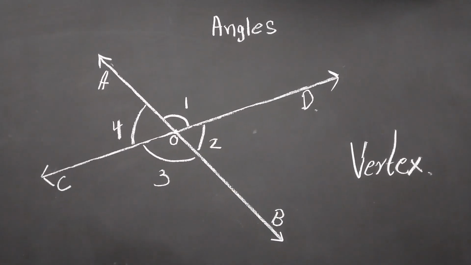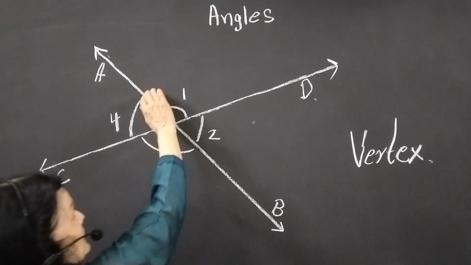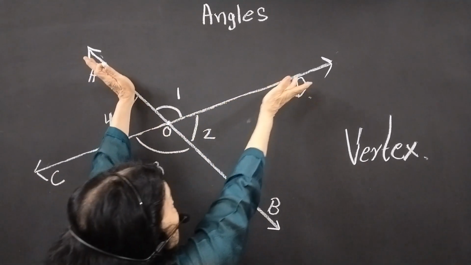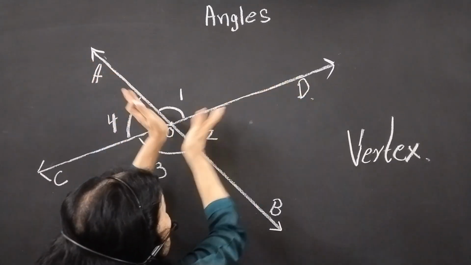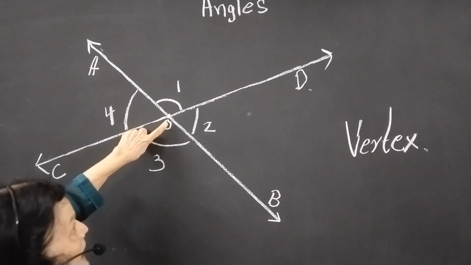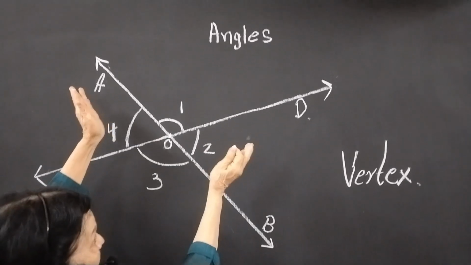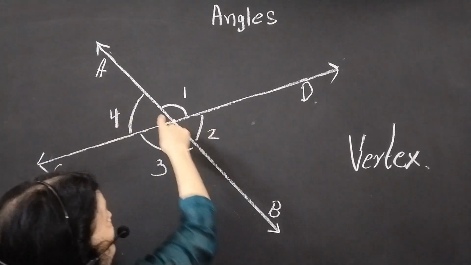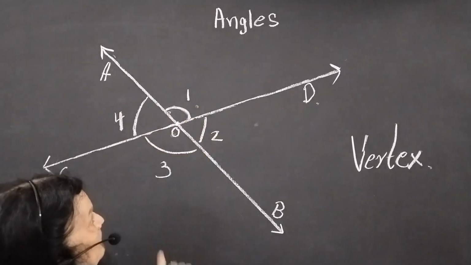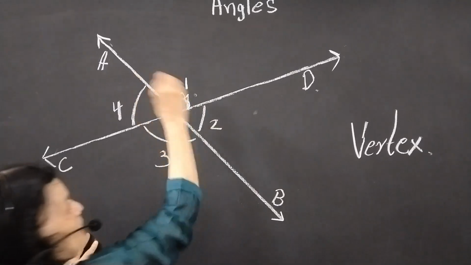Now whenever we are naming an angle, we have to study this particular portion which is held by two line segments, meaning line parts. One part is AO, another part is DO. So in between AO and DO, the portion which is coming is called an angle. So let us first name this particular angle.